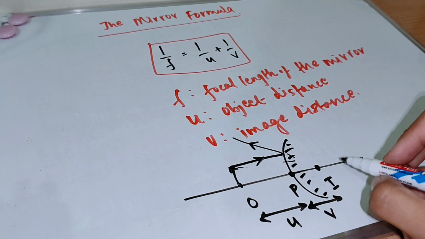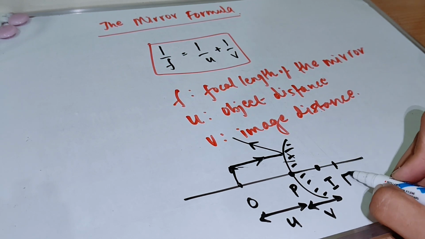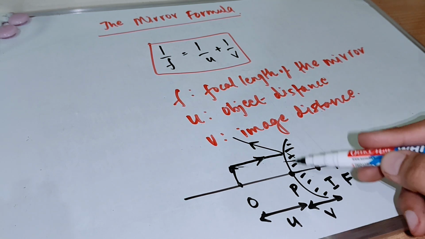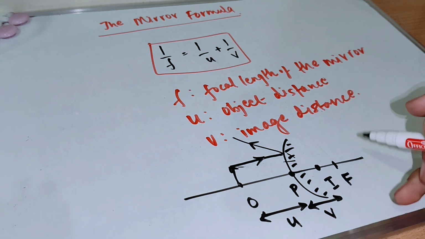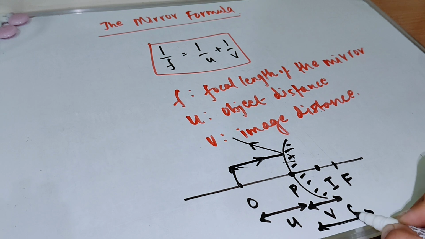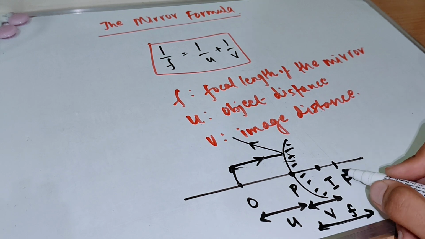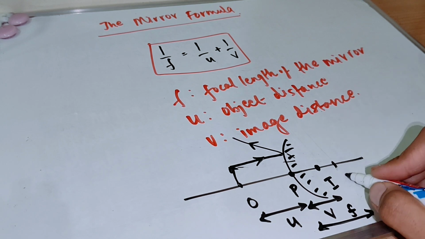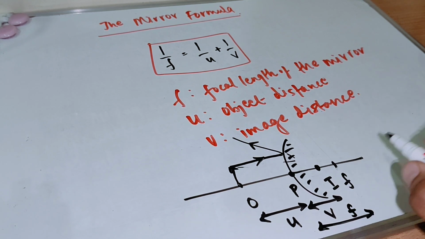Where will its focus lie? Its focus will lie on the right hand side since its curvature is on the right hand side. So this distance will be f. This is the focus.